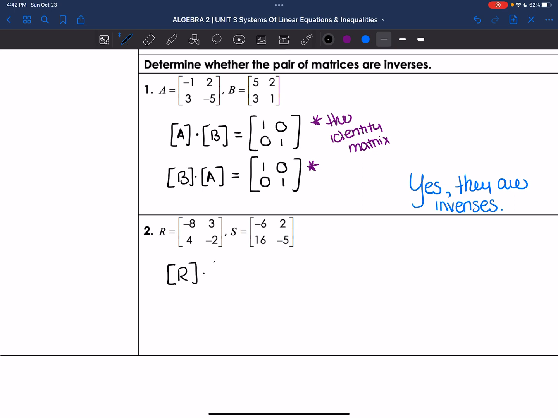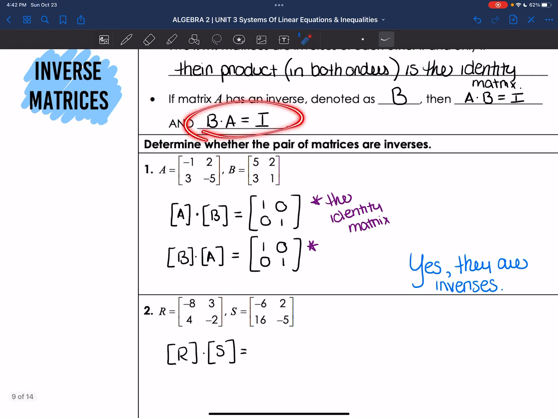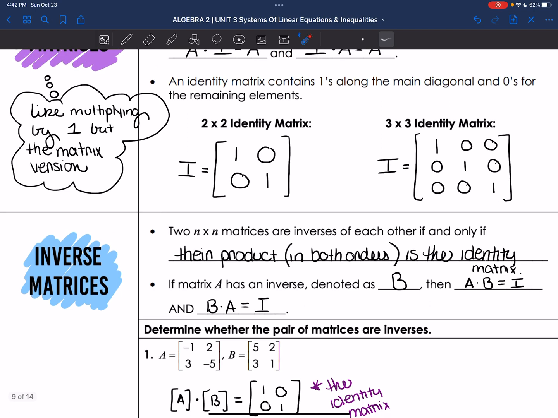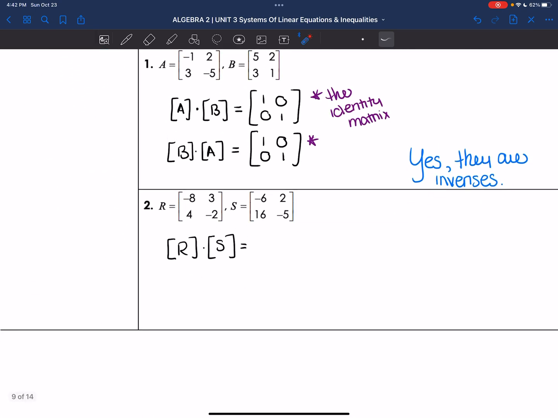If they are inverses, based on our definition of inverse matrices, either way we multiply, the result is going to be the identity matrix. So go ahead and in your calculator put in matrix R and S and see what is the result.